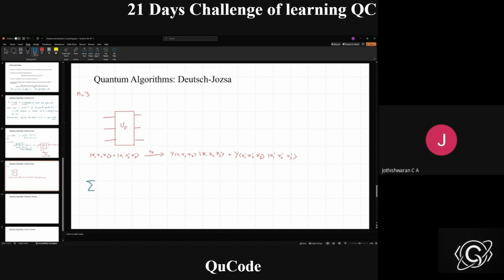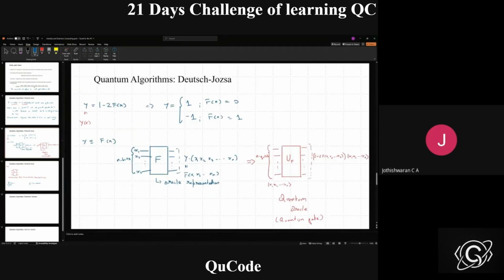If I were to evaluate this quantity, the sum of y of x, summed over all possible values of x, and let me say y is a balanced function, then what is this sum going to be?